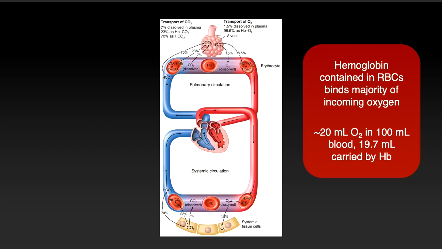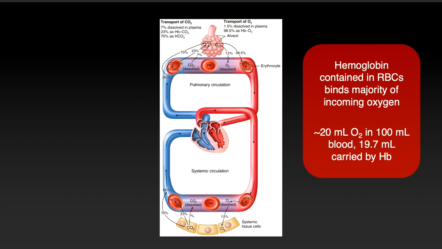Every liter has the equivalent of a juice box of oxygen. Of that 20 milliliters, 19.7 is bound to hemoglobin. The large majority is bound to hemoglobin.